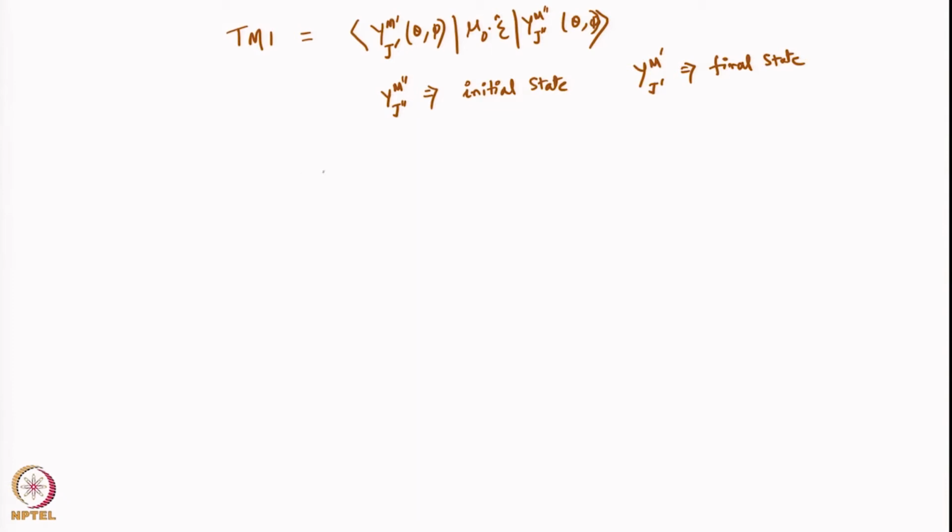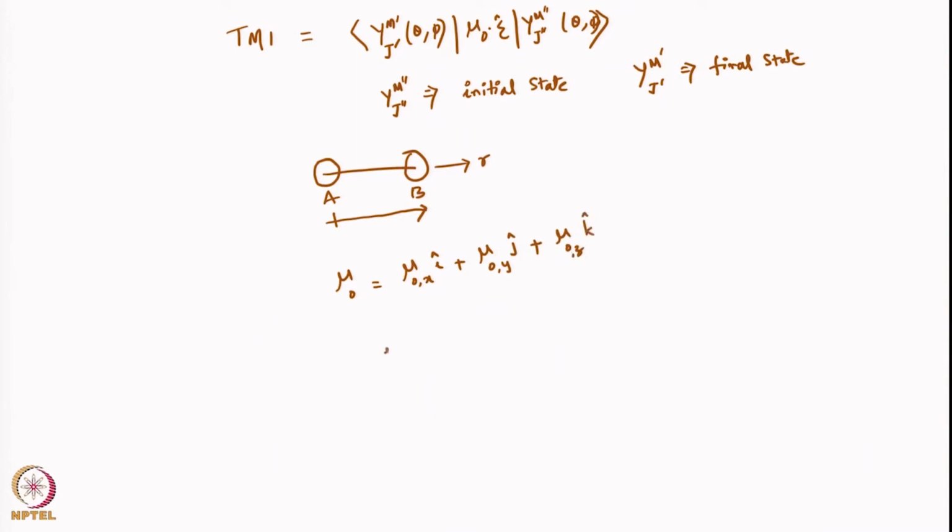Now, of course, if you consider the molecule AB, and this is some direction R, then R could be pointing in any direction along x, y, z. So, your mu naught will be equal to mu naught x into i vector, which is a unit vector along the x axis, plus mu naught y into j, the unit vector, plus mu naught z into k, that is a unit vector.